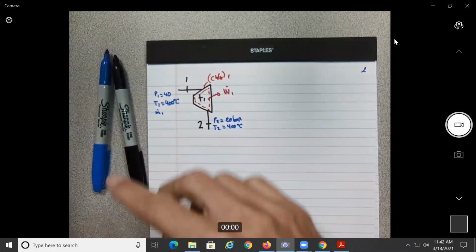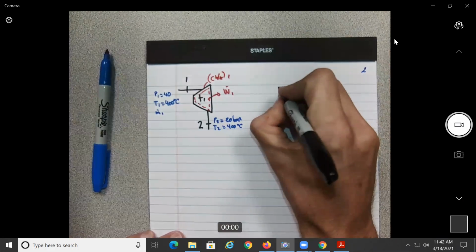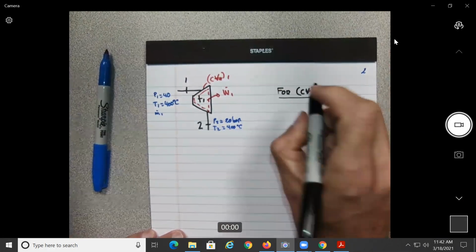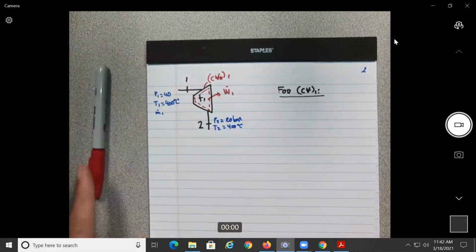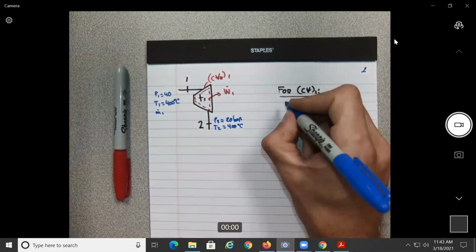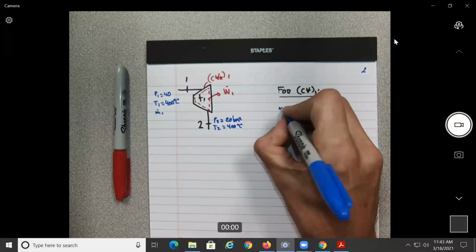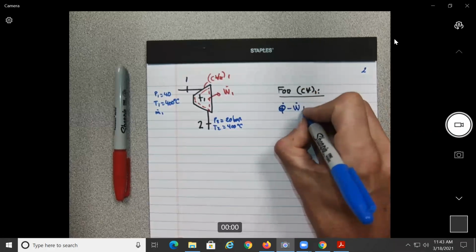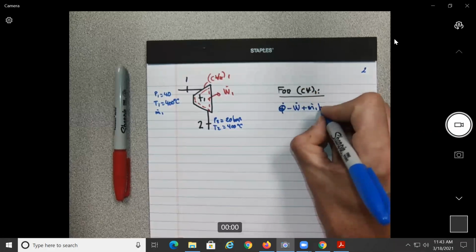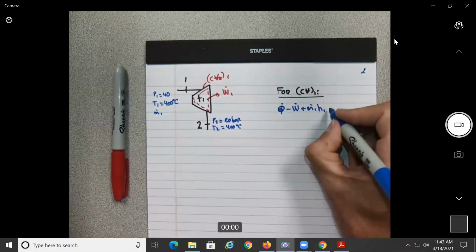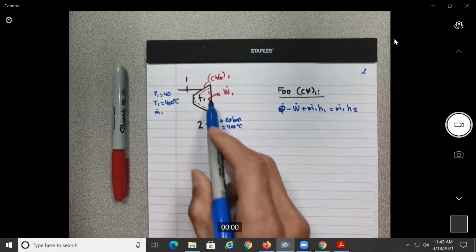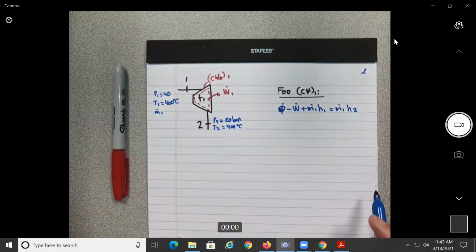So for control volume 1, again, I'm going to use the blue because it's brand new, so it writes much better. So what do you have? We're going to have Q dot minus power plus M dot 1 H1 equal to M dot 1 H2 because it's conservation of mass flow, no? The M would be the same everywhere, no?